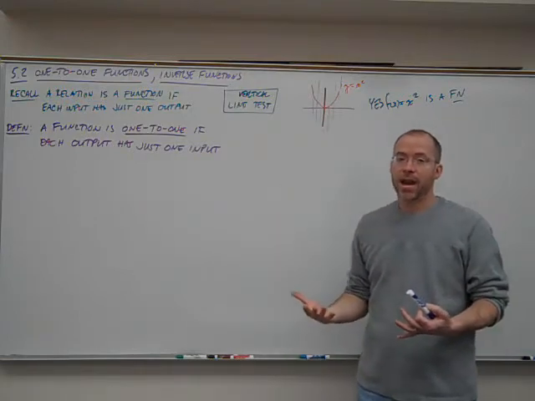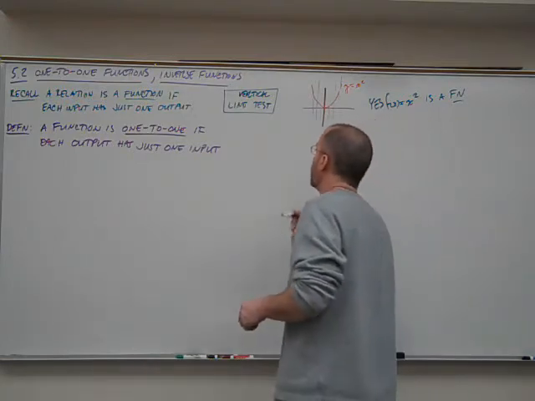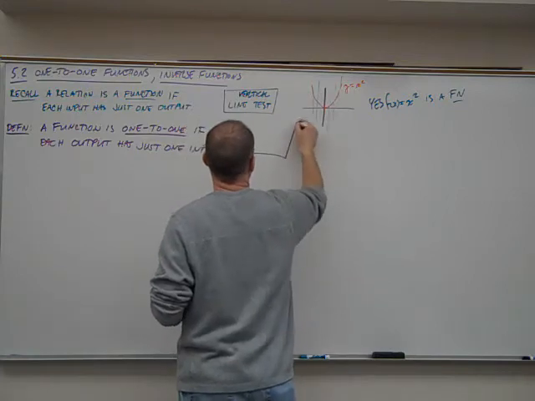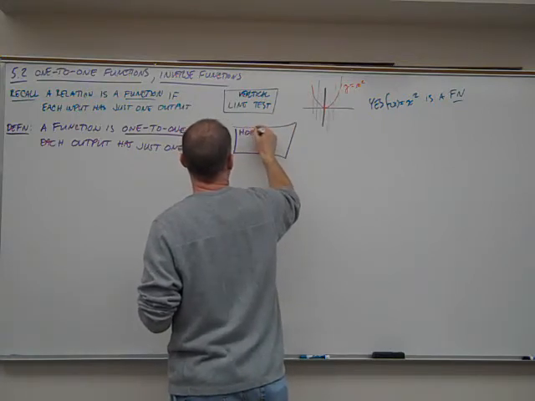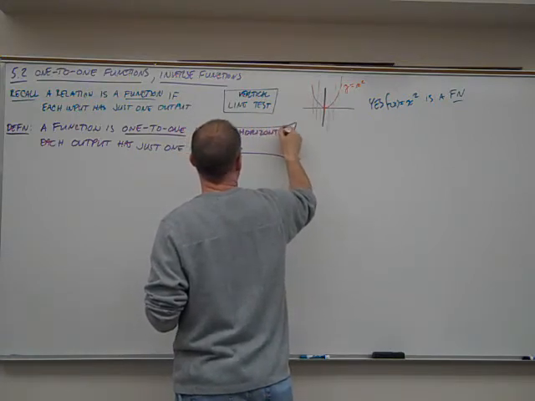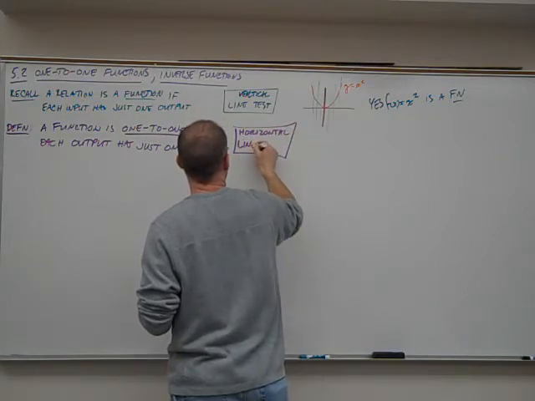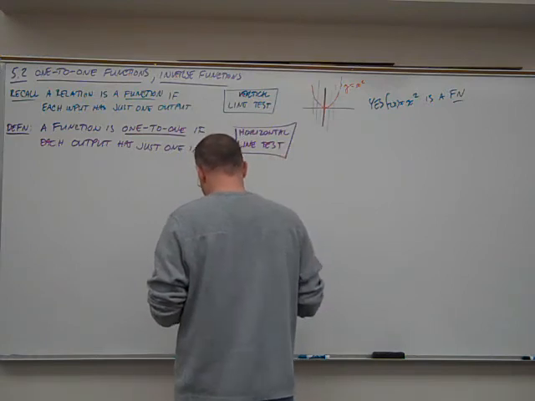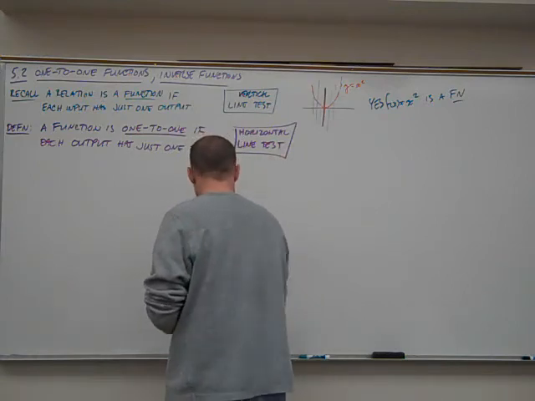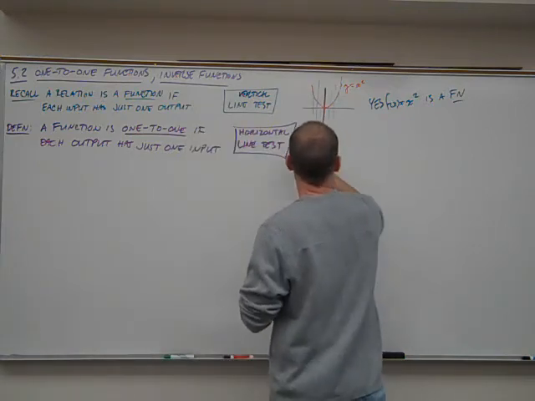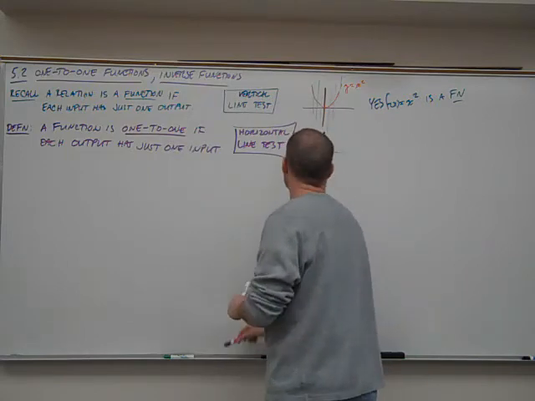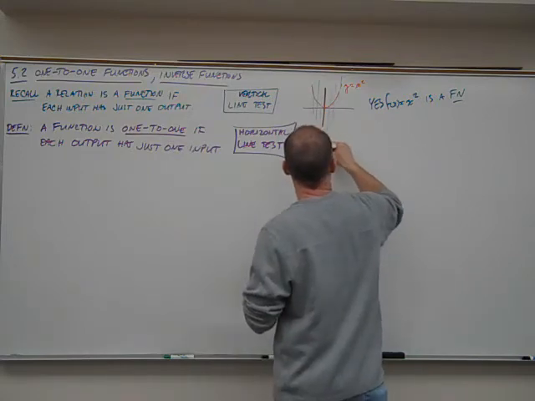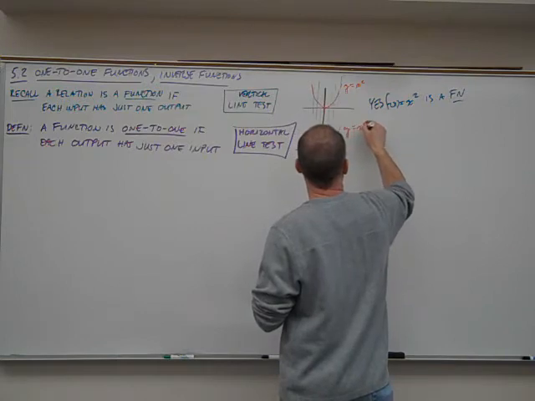And how would you tell that if you were looking at the graph of a relation? Well, we will now have the horizontal line test. And let's apply that to this same familiar toolkit function y equals x squared.